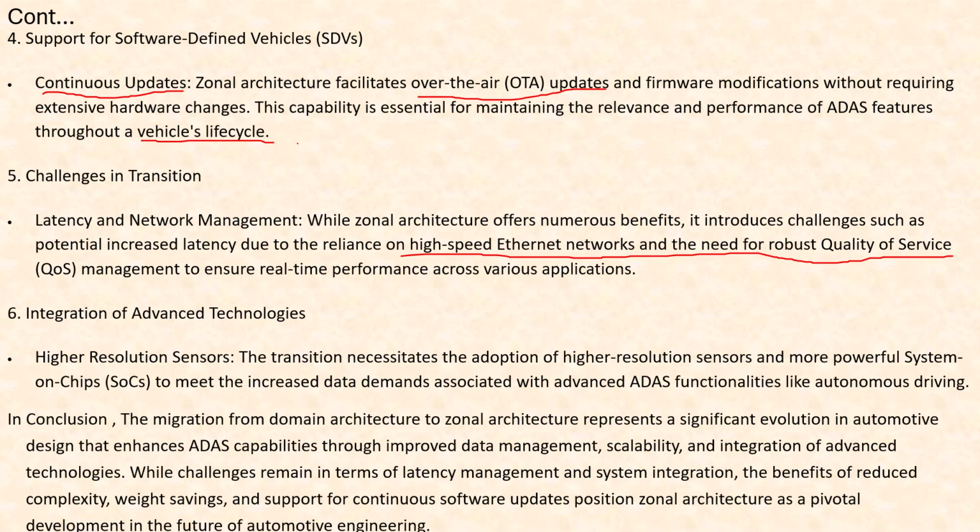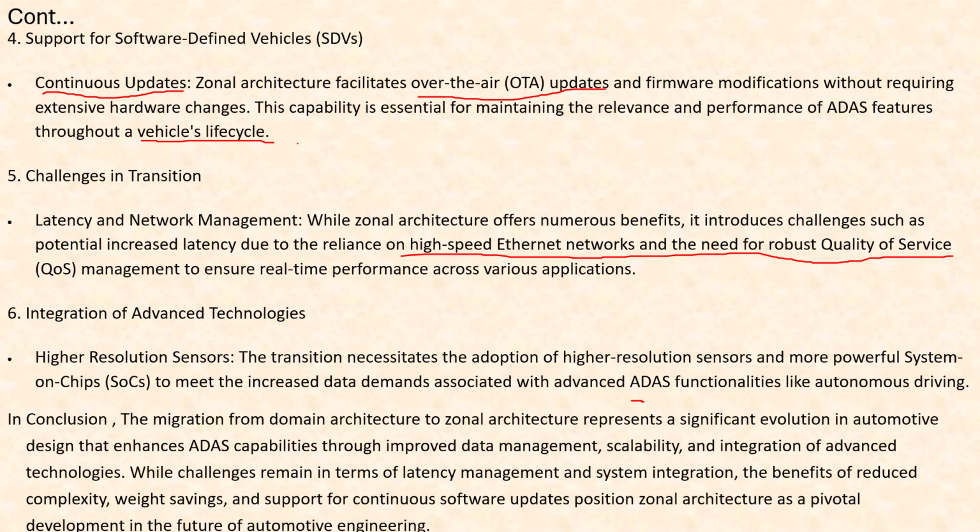Now, when it comes to integration of advanced technologies, higher resolution sensors: the sensor is the most important component as far as ADAS is concerned, and the transition necessitates the adoption of higher resolution sensors and more powerful system on chips to meet the increased data demands associated with advanced ADAS functionalities like autonomous driving.